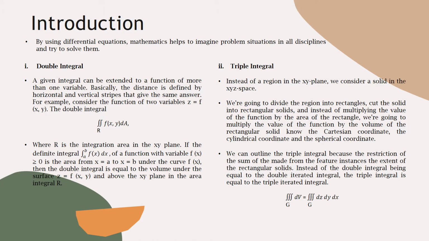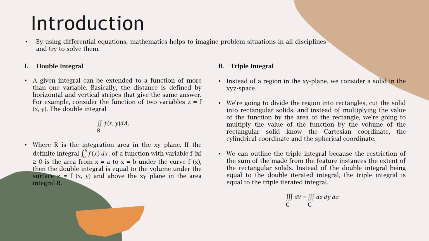If the definite integral from a to b of f(x) dx, a function with f(x) more than or equal to 0, is the area from x equal to a to x equal to b under the curve f(x), then the double integral is equal to the volume under the surface z equal to f(x,y) and above the xy plane in the area of integration R.